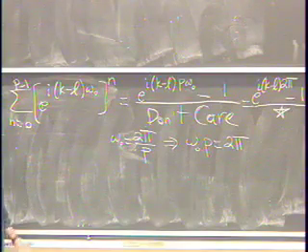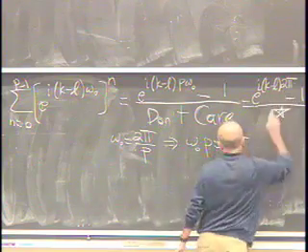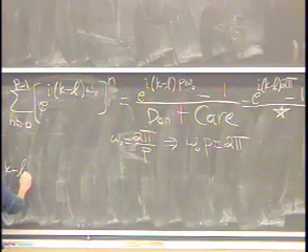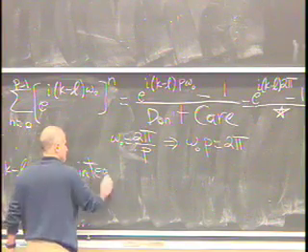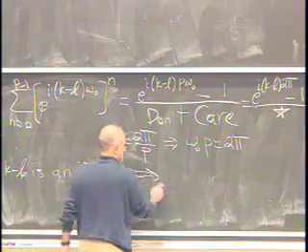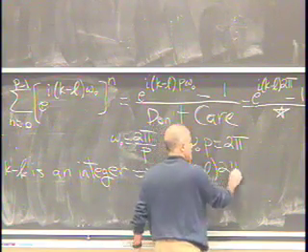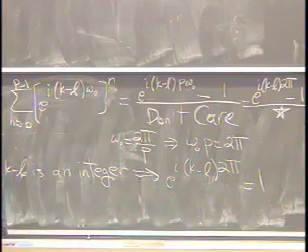K minus L is an integer. Therefore, e to the j, k minus L, 2 pi is equal to 1. And that makes the numerator 0.